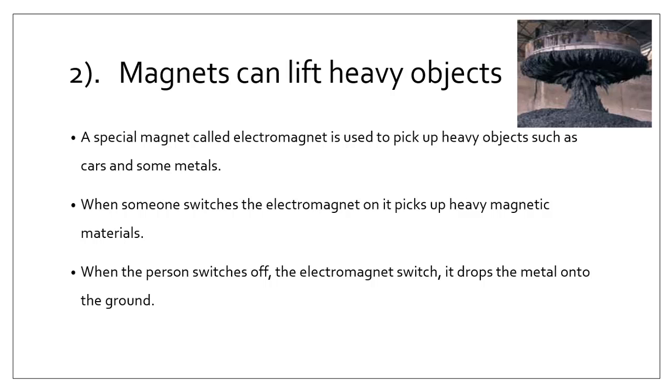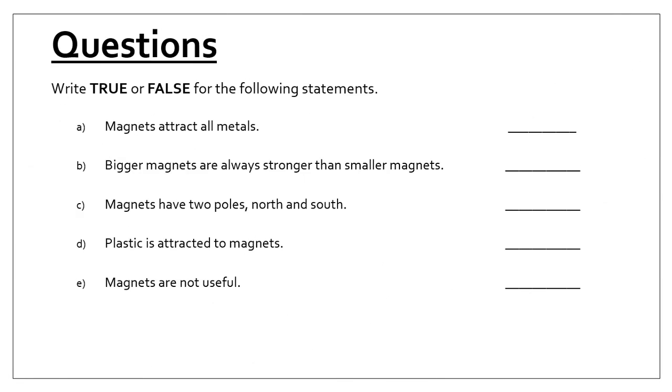And finally, there are questions here, and these questions are trying to test whether you have really understood the whole topic, from the definition of magnetism up to the uses of magnets.